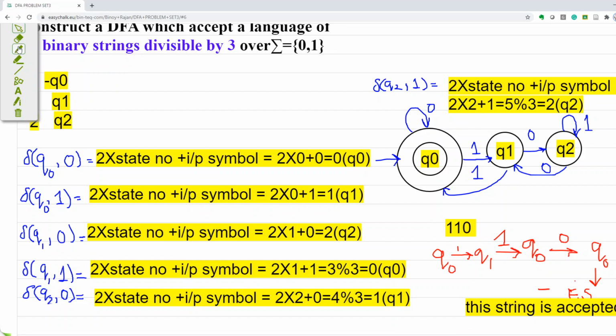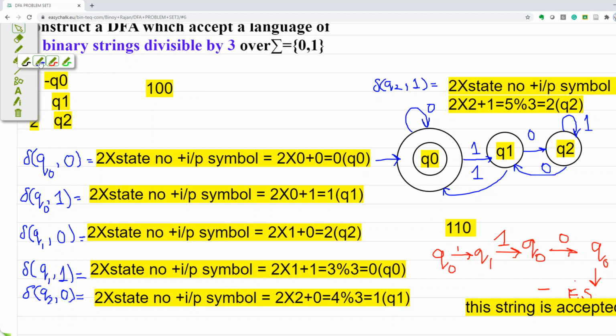What if my string is 100? Binary 100 is 4, and 110 is 6. 6 is divisible by 3, so it should reach the final state. Now 4 is not. Let's see whether it is accepted by the machine or not.